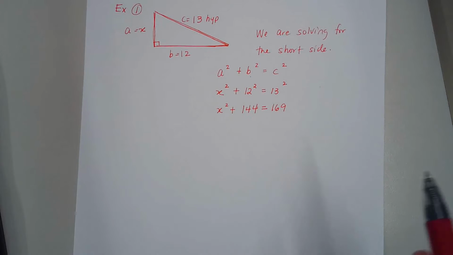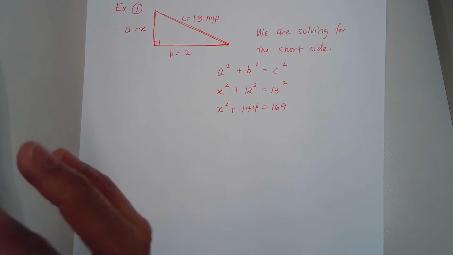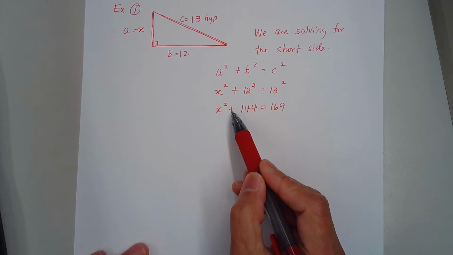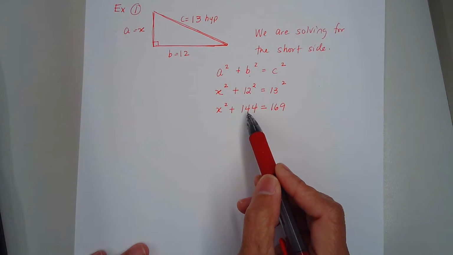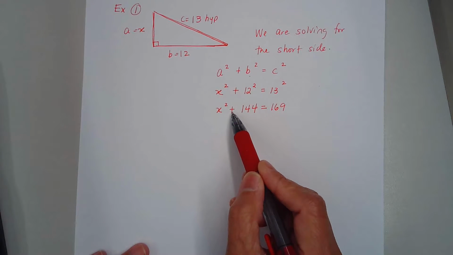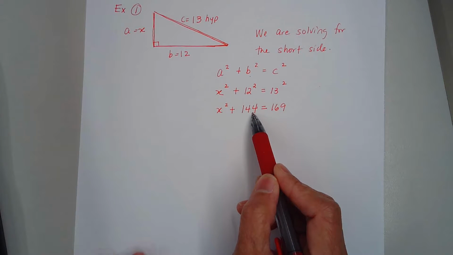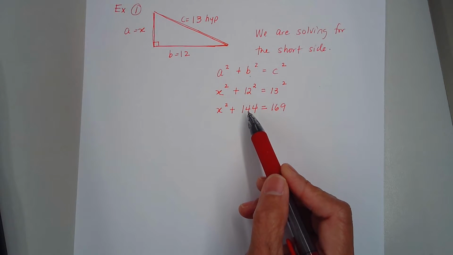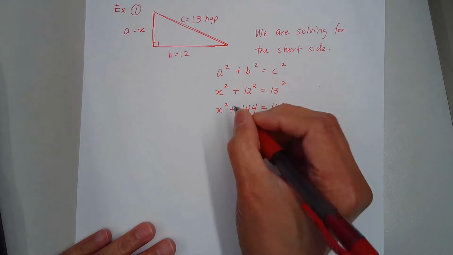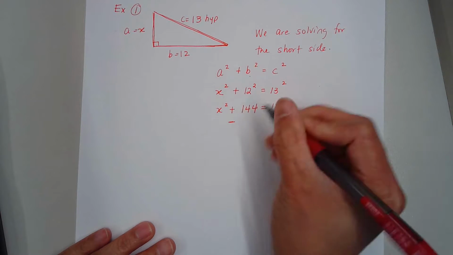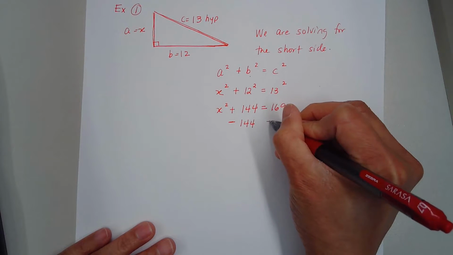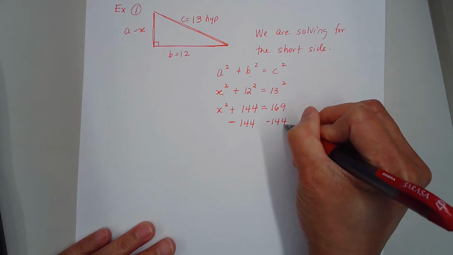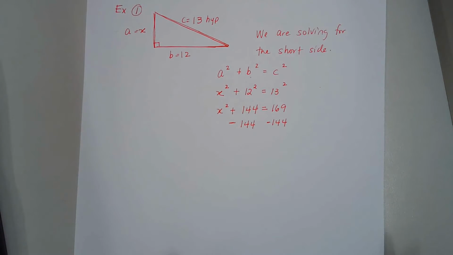We talked about this when we talked about solving equations. So if this is being added by 144, what's the opposite of adding? Subtracting. So we're gonna subtract 144, and I'm gonna subtract 144 on the other side to balance it out.